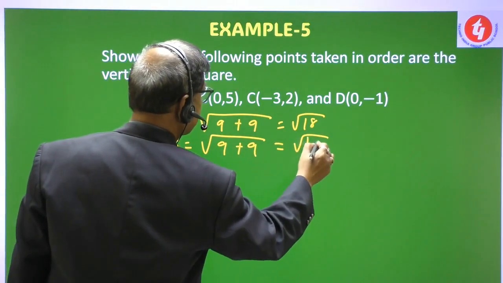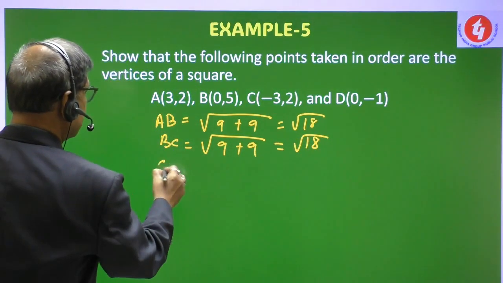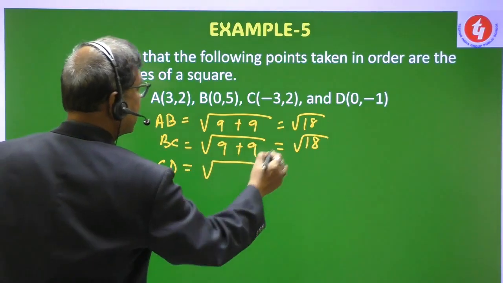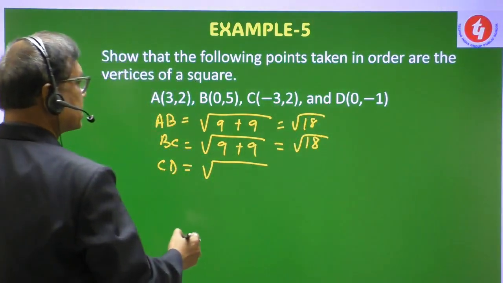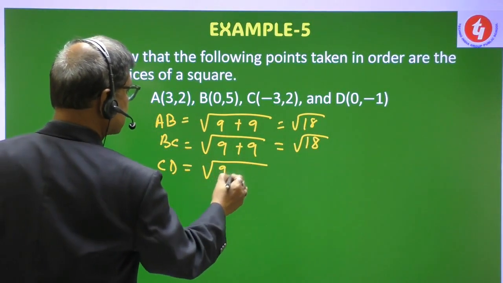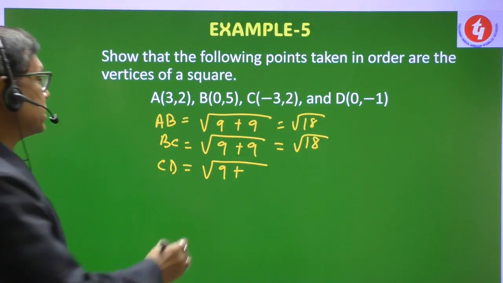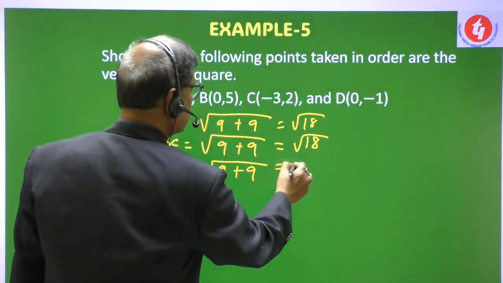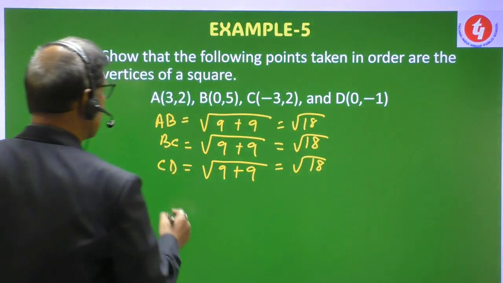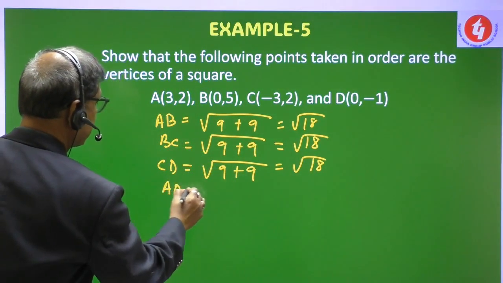So root over 18. Now CD: 0 minus minus 3, that is plus 3, whole square, that is 9, and minus 1 minus 2, that is minus 3, whole square, that is also 9. So root over 18.